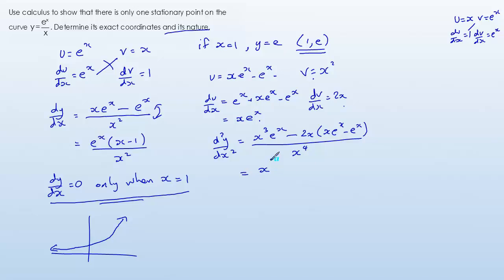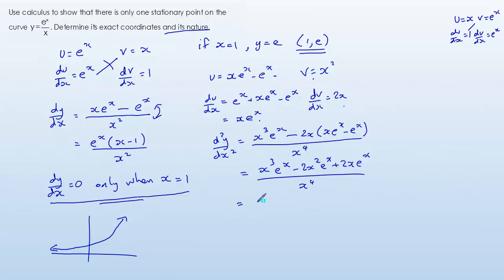So we've got x cubed e^x minus 2x squared e^x plus 2x e^x over x to the 4.